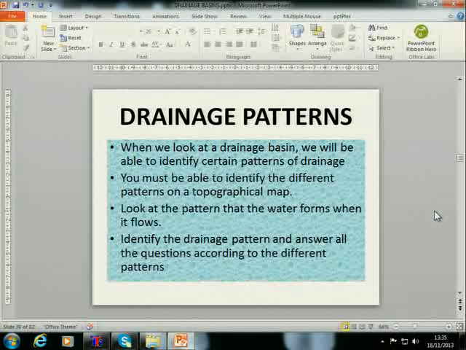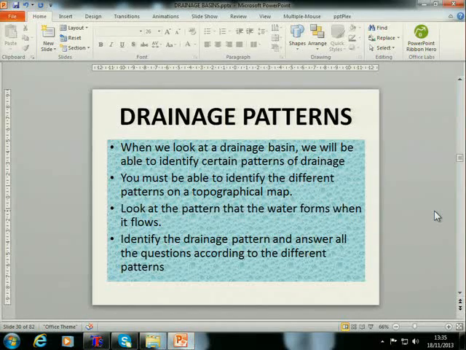Drainage patterns is something that we only learn in grade 12, but we start doing them from grade 10 in the practicals, when your teacher will give you a question paper and one or two of the questions will be identify the drainage pattern in, say for instance, block B4.